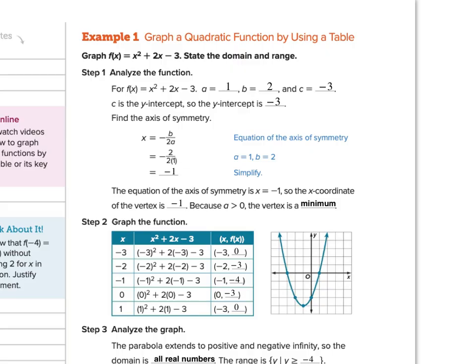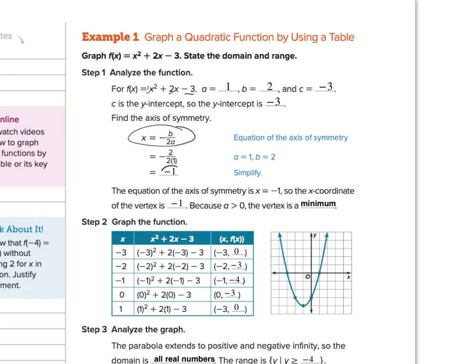Now, if I'm looking for the axis of symmetry, that sort of tells me where to start. Using this formula, I can find my axis of symmetry. They plugged in, this is 1, so that is a, b, and c. As I plug that in, I have negative 2 over 2 times 1.